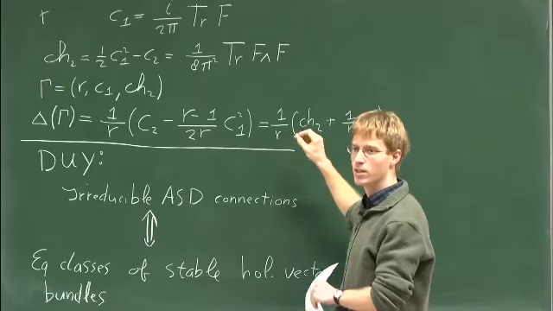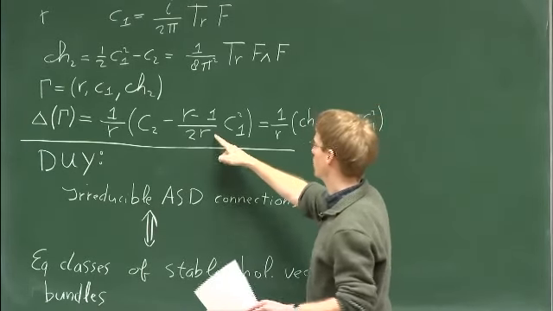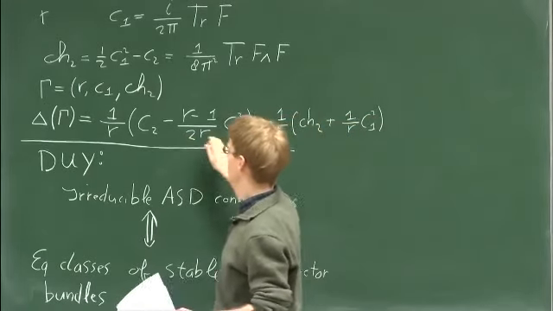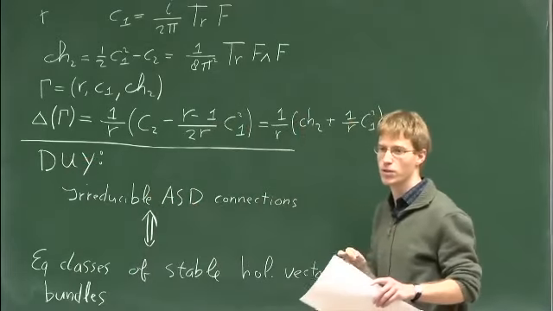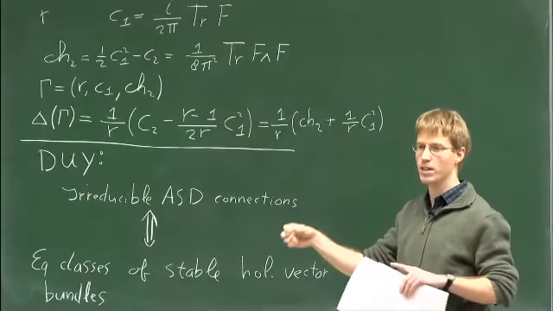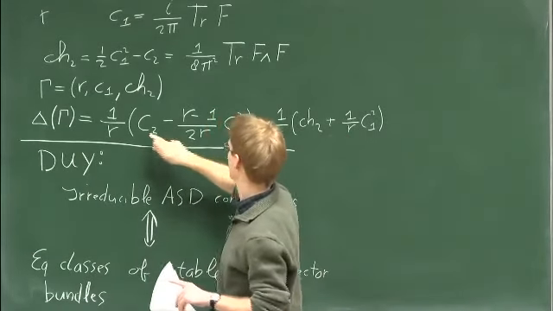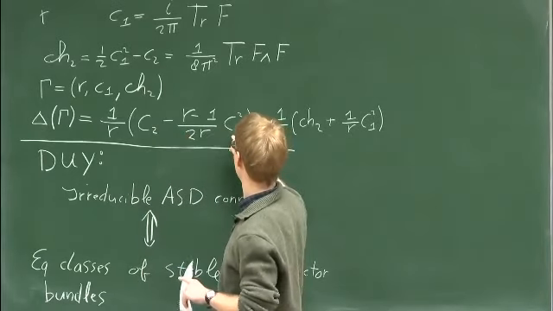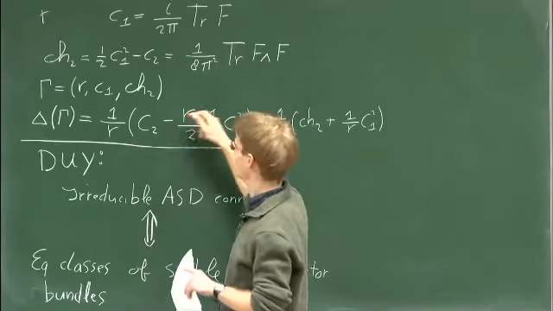If you tensor a vector bundle by a line bundle, then c1 and c2 change, but the discriminant is unchanged, and the moduli space is also not changed. So you have an isomorphism of vector bundles, which is just tensoring by a line bundle, and c2 will be shifted by a quantity that also involves c1 squared.